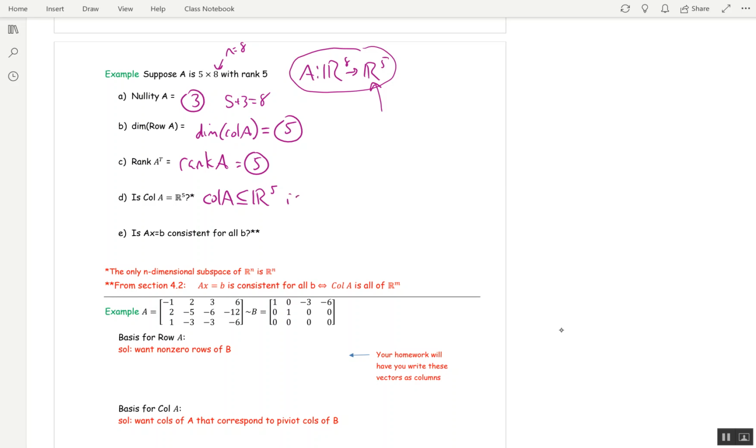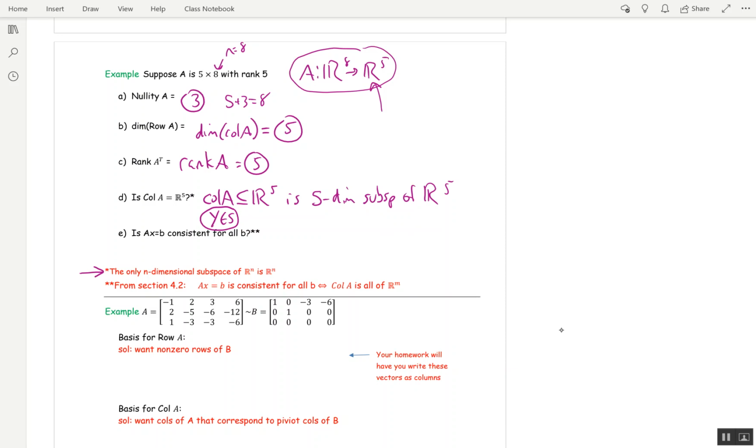And it's a 5-dimensional subspace of R5. So the answer is yes. Col A is all of R5. I'm using this fact here. The only n-dimensional subspace of Rn is Rn. So the only 4-dimensional subspace of R4 is R4. The only 5-dimensional subspace of R5 is R5.